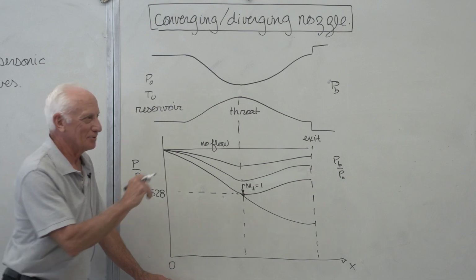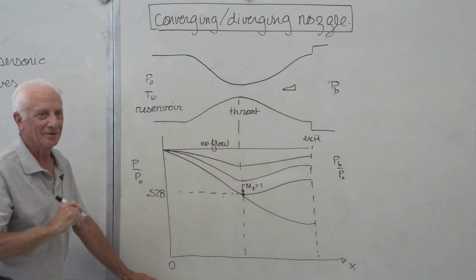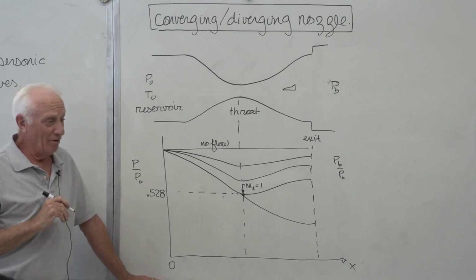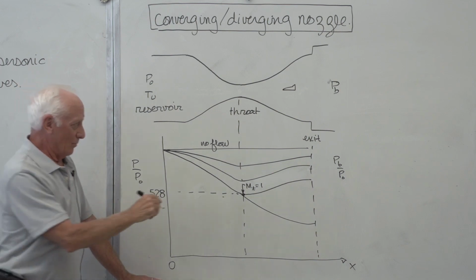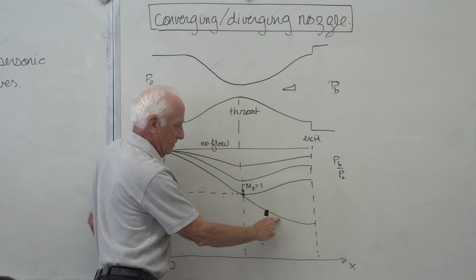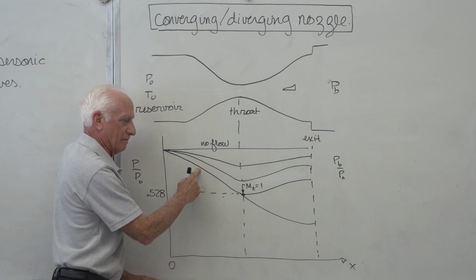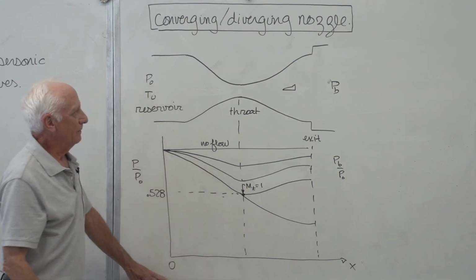So if you want supersonic flow at this point right here, there's your little model aircraft. You want Mach number 1.5 there? Then you want to be on this curve right here. You want to get Mach number right here, 2.5. What's the Mach number here? 1.0. What's the Mach number here? 0.5.